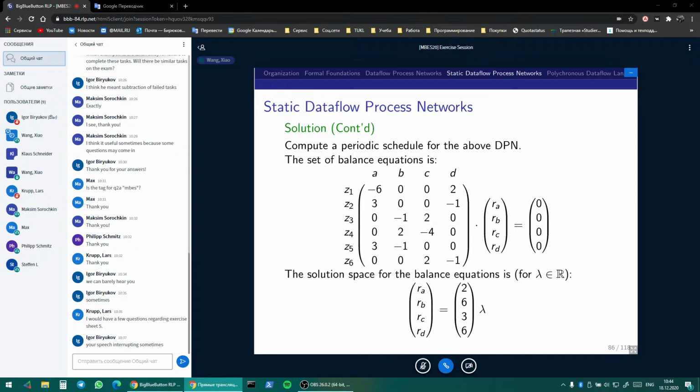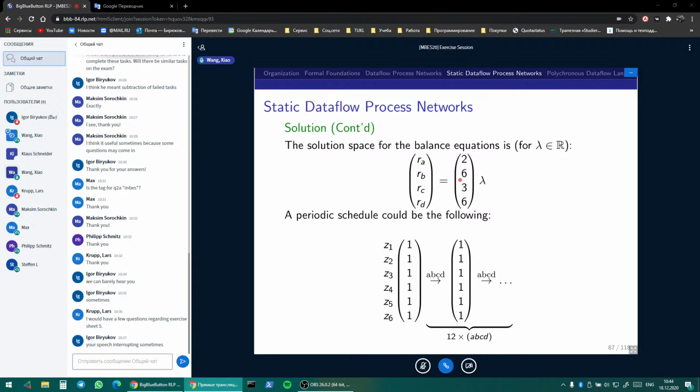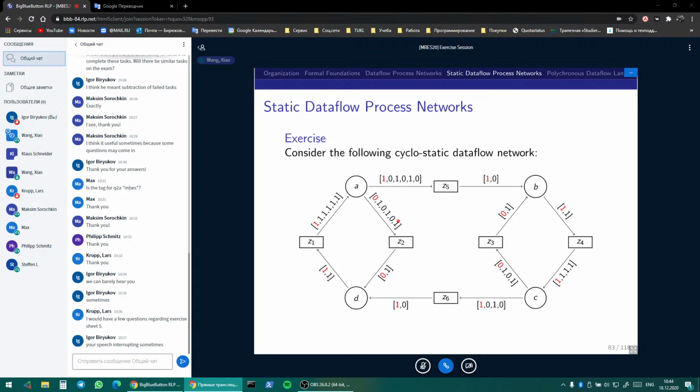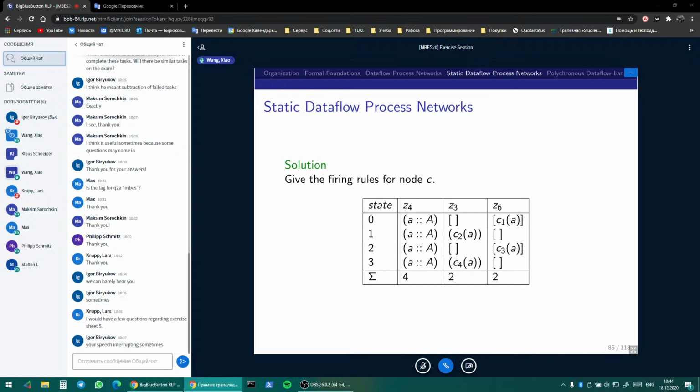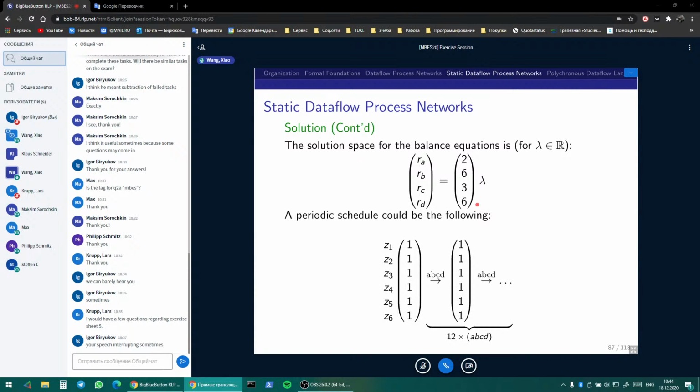For B, it has 6 periods, but it has 2 firings per period. So 2 times 6, that is also 12. And for C, that's 4, and for D, that's also 2 firings per period. And if you multiply them, you get all of them to fire 12 times.